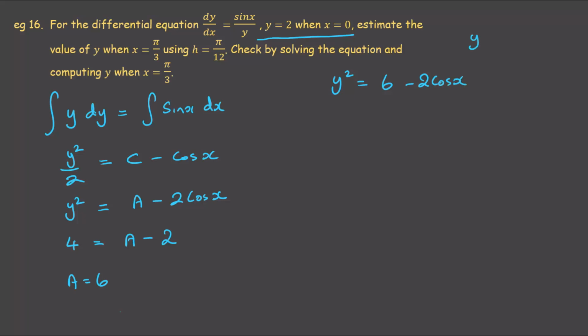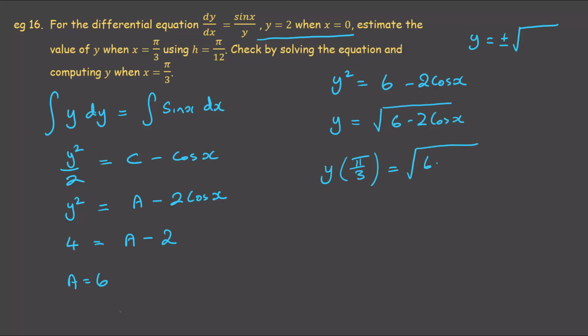Now that would mean that y is equal to plus or minus the square root of, and I think looking at what we did before, we're going to be using the positive root. So we'll just have 6 take away 2 cos x, and let's see what happens when we do y of pi by 3. So that gives us the square root of 6 take away 2 cos pi by 3.